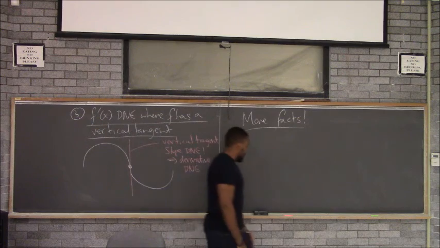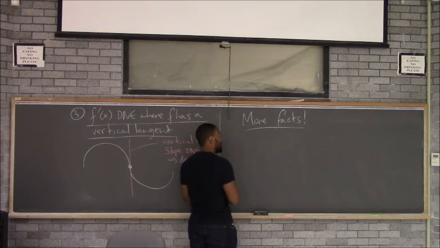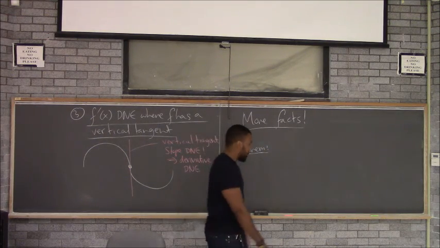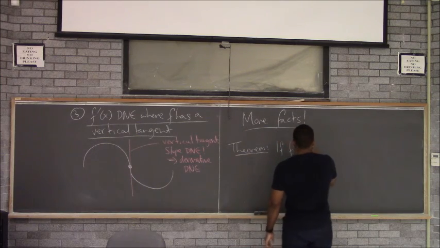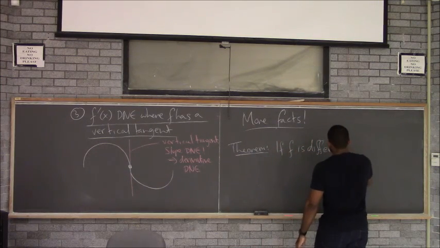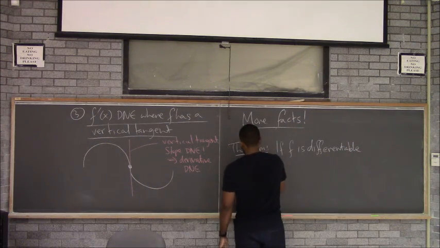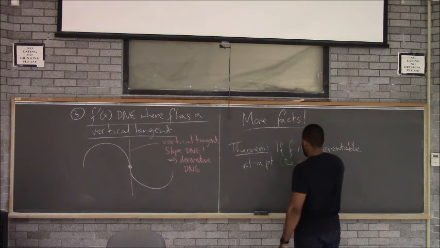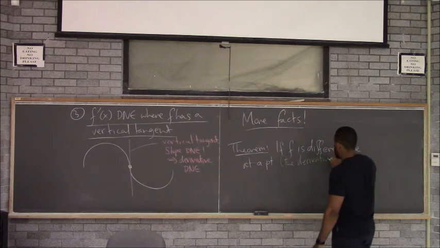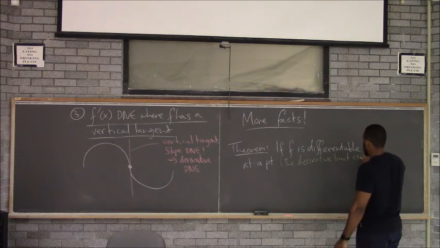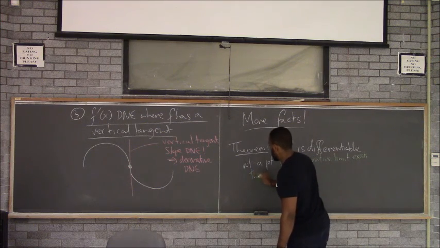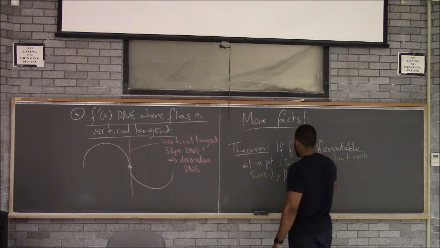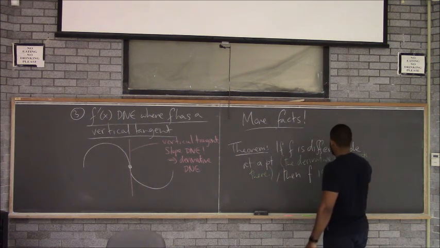Here is something that is important. It's actually very important. Let's call it a theorem. If f is differentiable, meaning the derivative limit exists, then f is continuous.